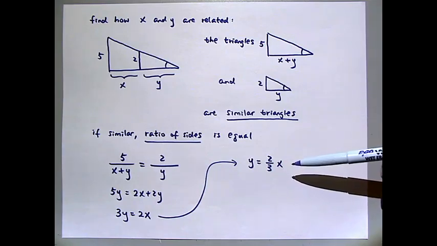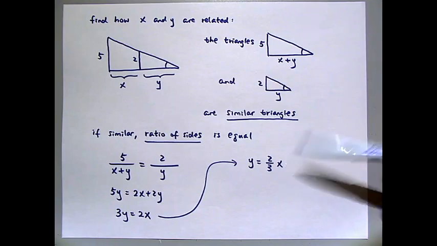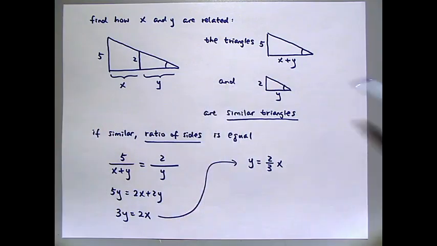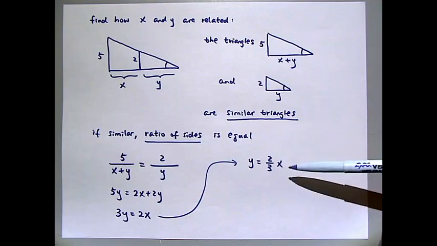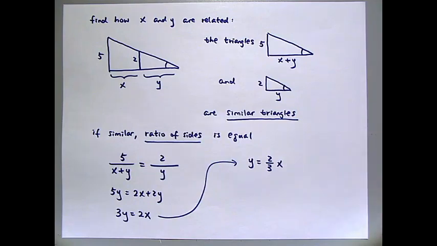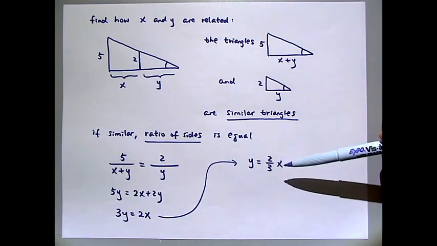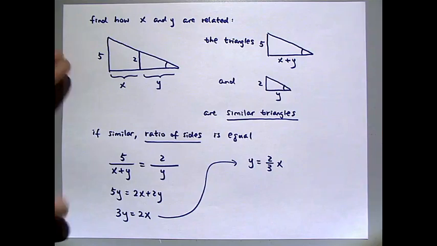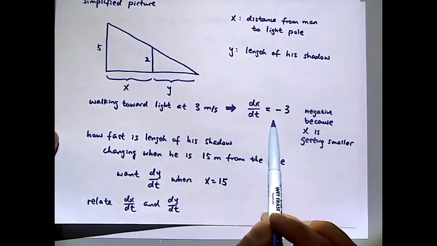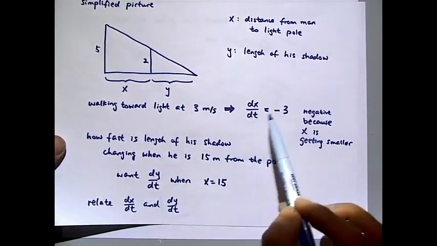The distance from him to the light, x, and the length of his shadow are always related this way. The shadow is always two-thirds of how far he is from the light. If these things are related this way, then the rates of change will be too. So now we take the derivative of that equation with respect to t and relate these two variables.